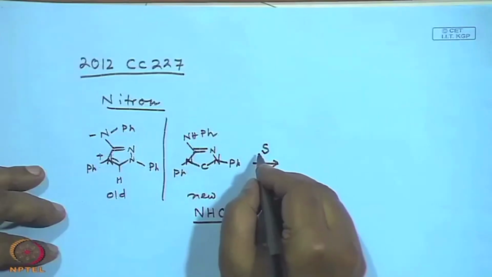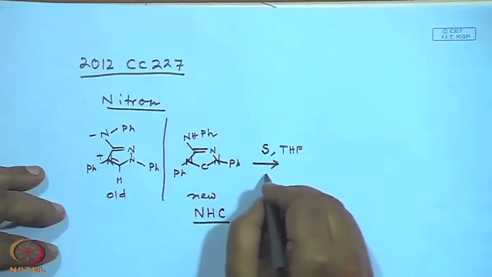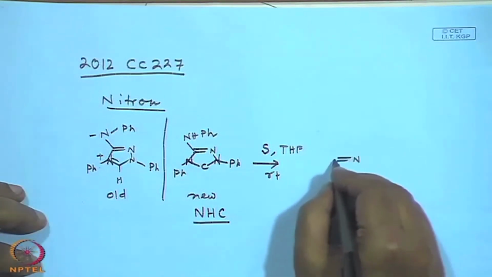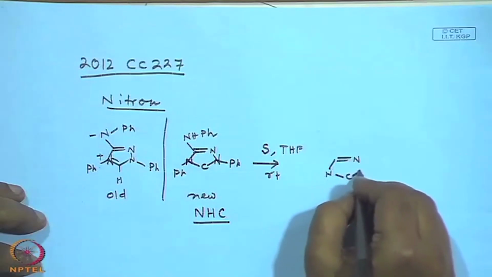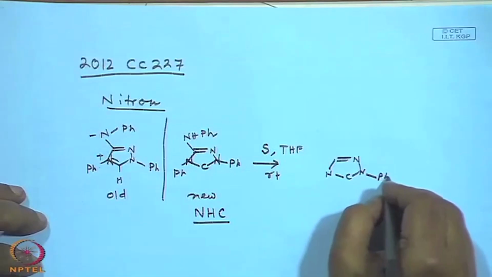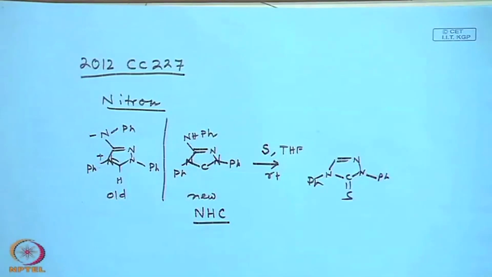But how to establish the structure? What did they do? Basically, they did a reaction with sulfur, just sulfur in THF at room temperature. What is the expected product? The expected product is nitrogen, carbon and nitrogen. And this molecule here is this.